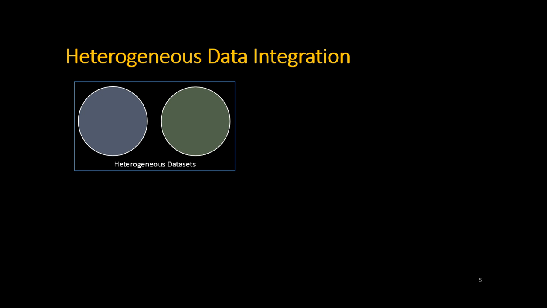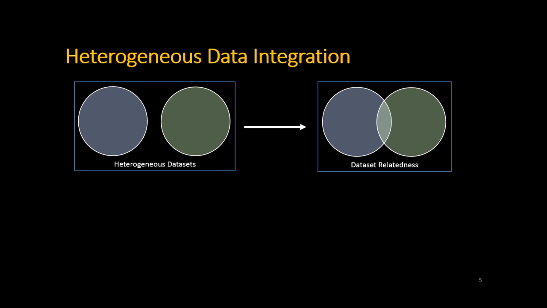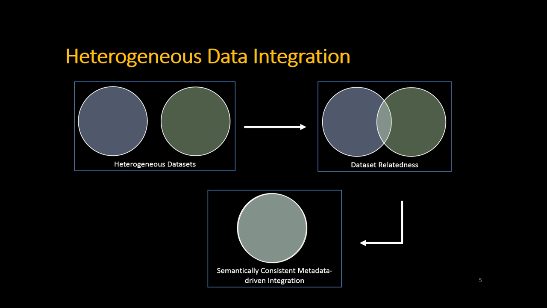So just a little about data integration. When you have two heterogeneous data sets, we find the relatedness between those two data sets. Using the relatedness, we could then have a semantically consistent metadata-driven integration of the various data sets.